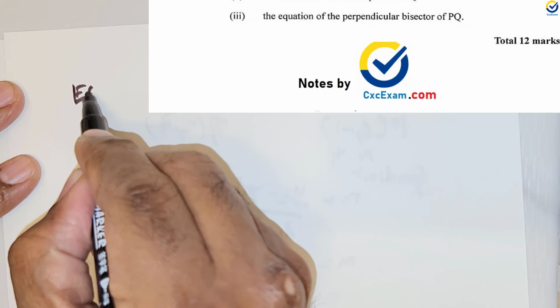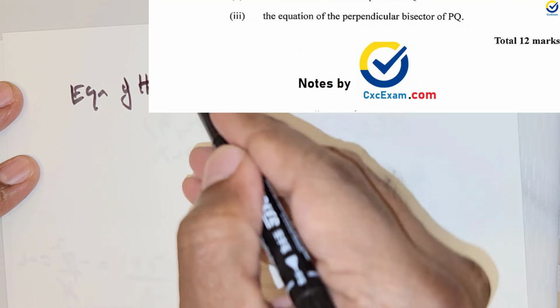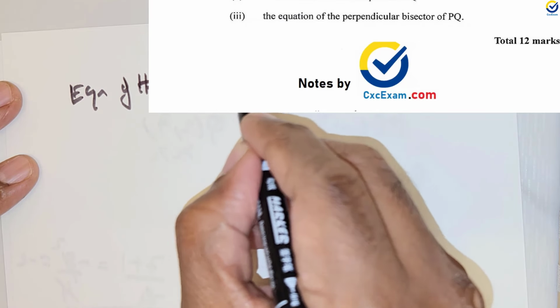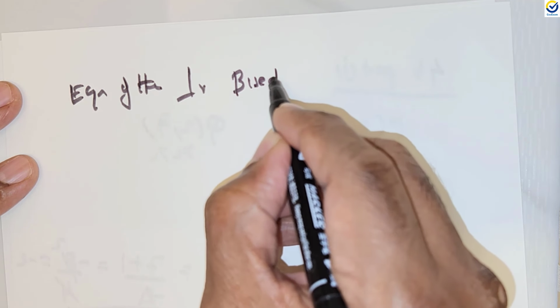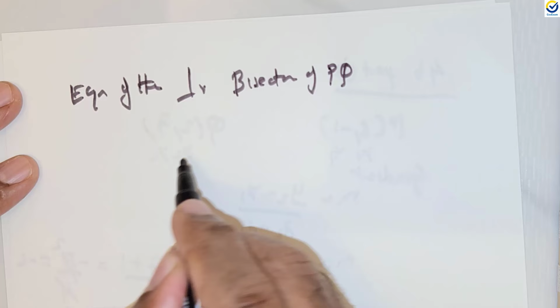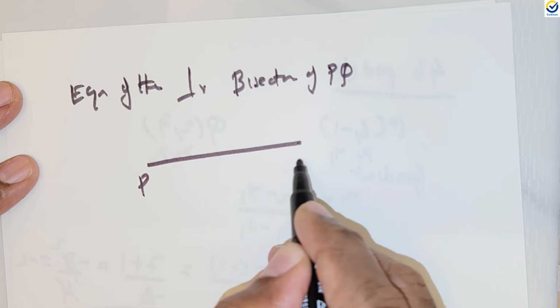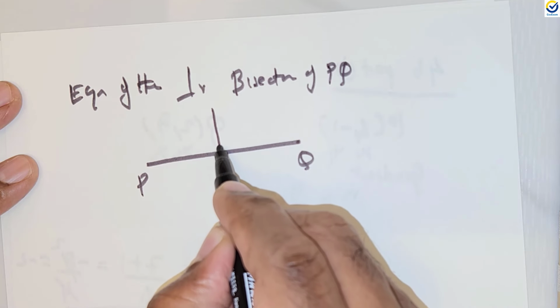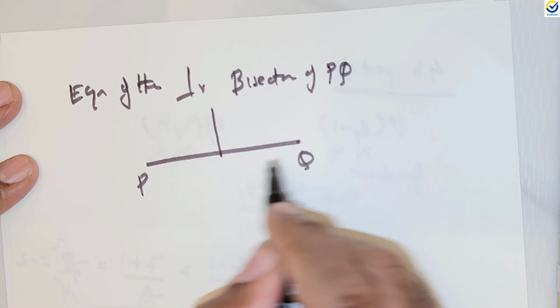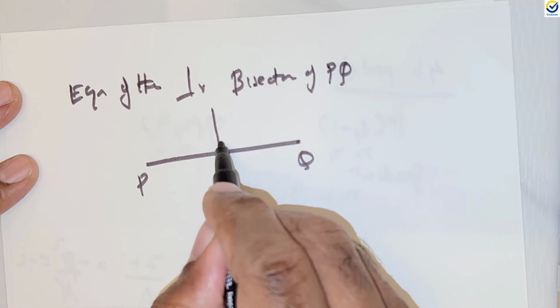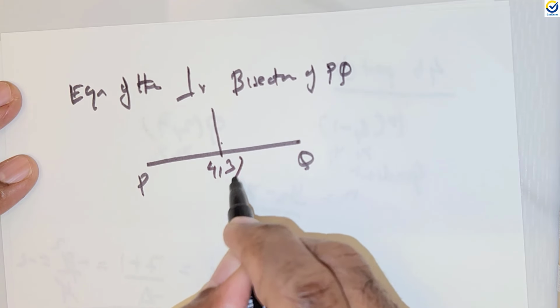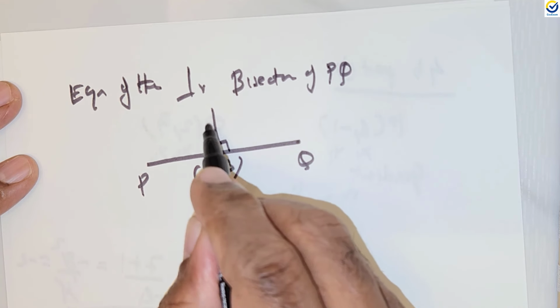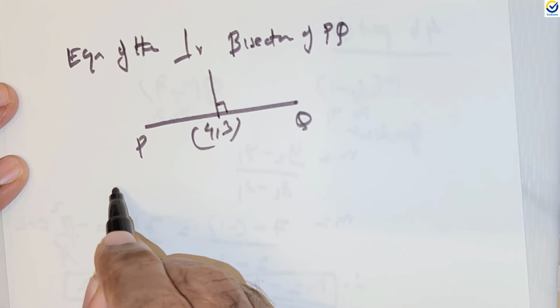Now next, we are asked to find the equation of the perpendicular bisector of PQ. When you talk about a perpendicular bisector, if you take PQ as the line, the perpendicular bisector is a line that hits the line PQ at the center. We know the midpoint is (4, 3) and this is 90 degrees, so it is perpendicular.